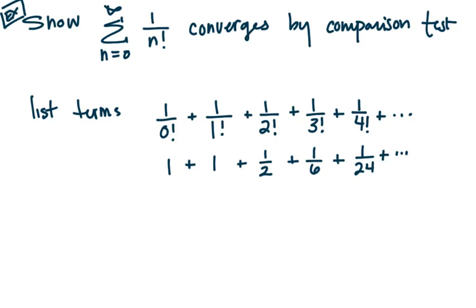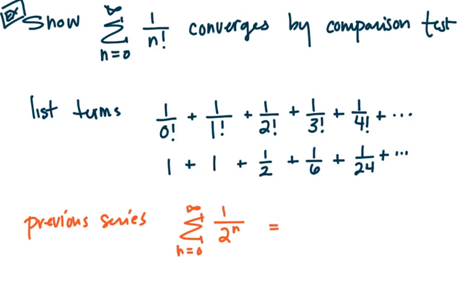And we want to ask ourselves, does this look like a previous series? That's what we're always thinking about. Have I seen anything else that looks like this? And we did. We could say this is very similar to n equals 0 to infinity of 1 over 2 to the n. And remember, we can always re-index these and make them look different.